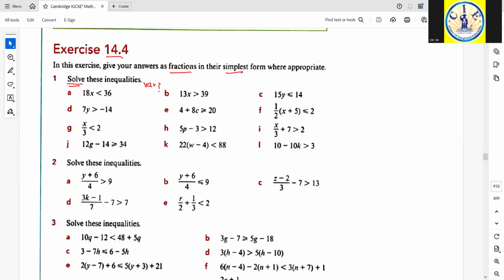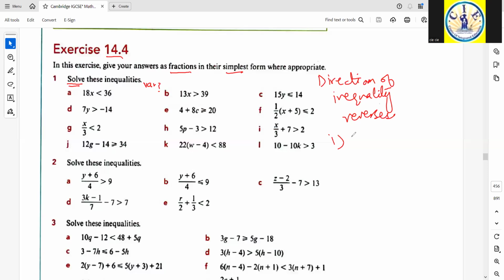Solving inequalities is just like solving equations, except for two cases: the direction of the inequality reverses in two conditions.